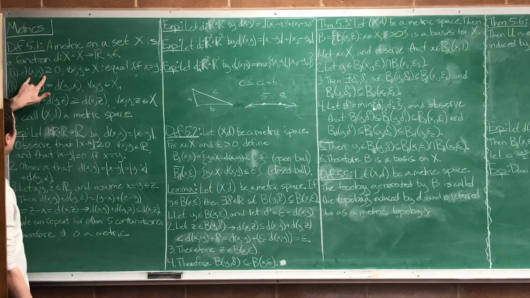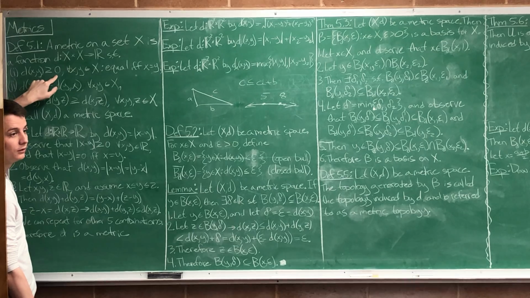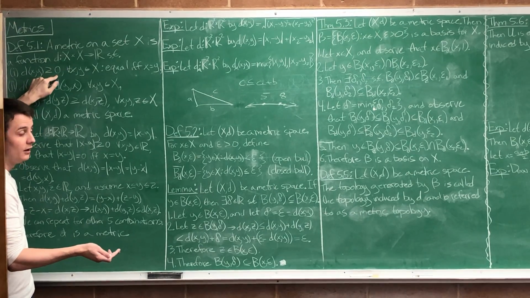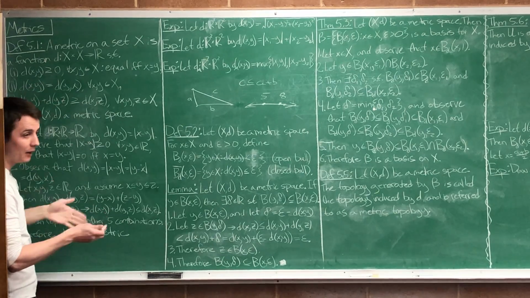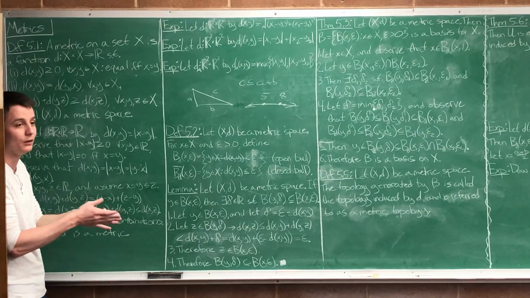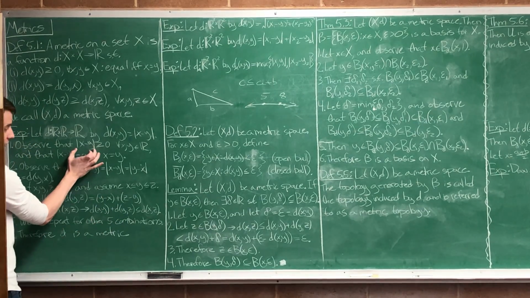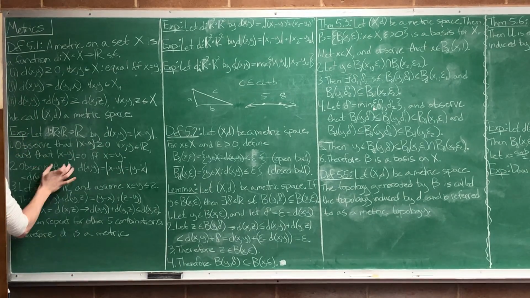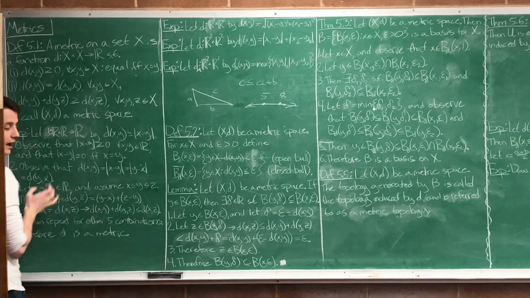So first off, is the absolute value of x minus y always greater than or equal to 0? Yeah, by definition of the absolute value function. And when is the absolute value function equal to 0? Only when the thing you're taking the absolute value of is 0. So observe that the absolute value of x minus y is greater than or equal to 0 by definition of absolute value, and that the absolute value of x minus y is 0 if and only if x is equal to y.